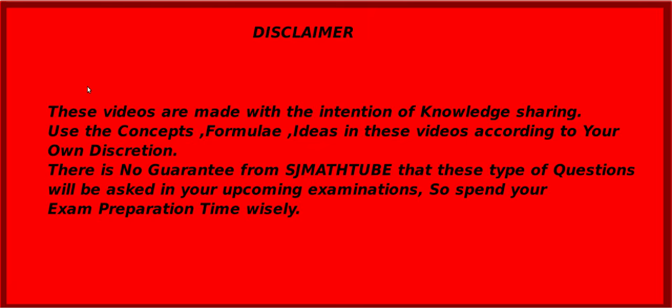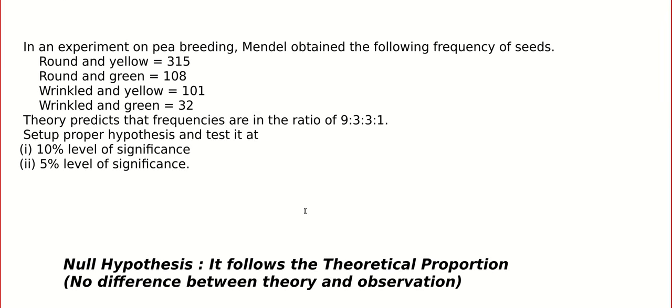So we continue revision with past papers, and I made this video specially to discuss chi-square goodness of fit. I'll repeat once more, chi-square goodness of fit, because I saw this particular question being asked once.